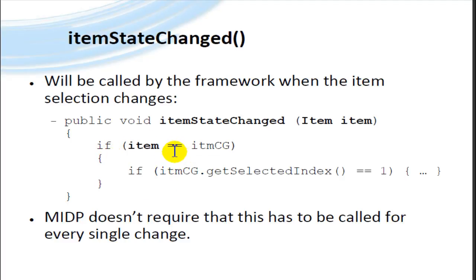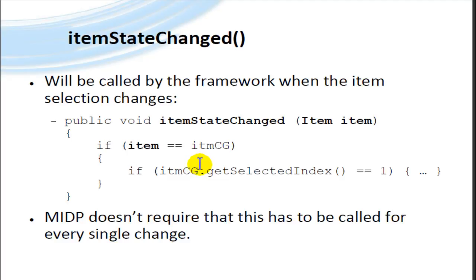Similarly, what kind of item is being selected? So if item is equal to item CG, then we're going to see, because the item choice group will have a lot of things on it, which choice in that item is selected.